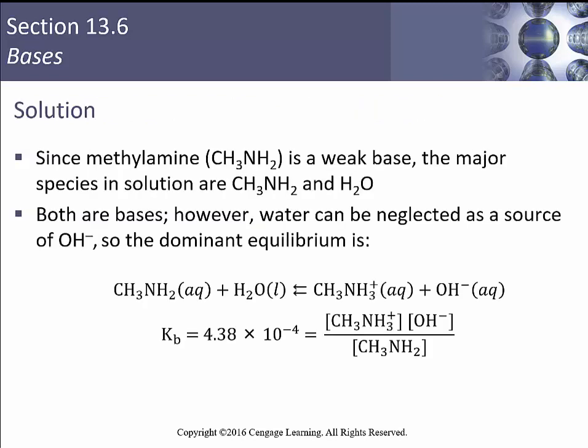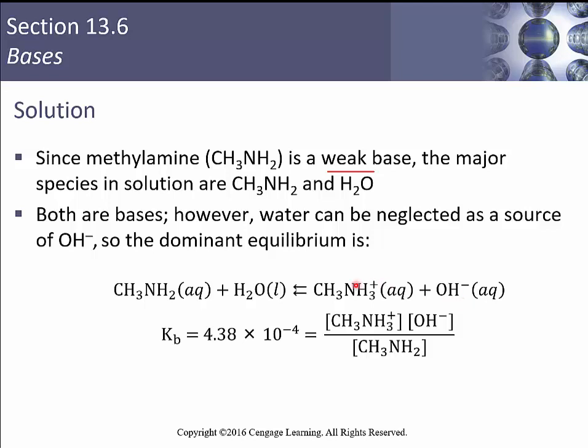Since methylamine is a weak base, the major species in solution are going to be this methylamine and water. Both of those are going to be bases, but water can be neglected as a source of OH minus, so the dominant equilibrium is that between the methylamine picking up a proton from the water to form methylammonium and hydroxide.